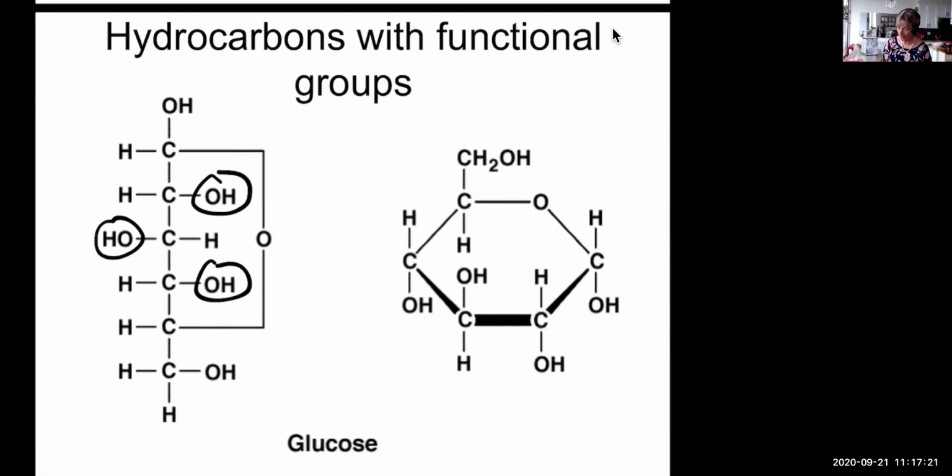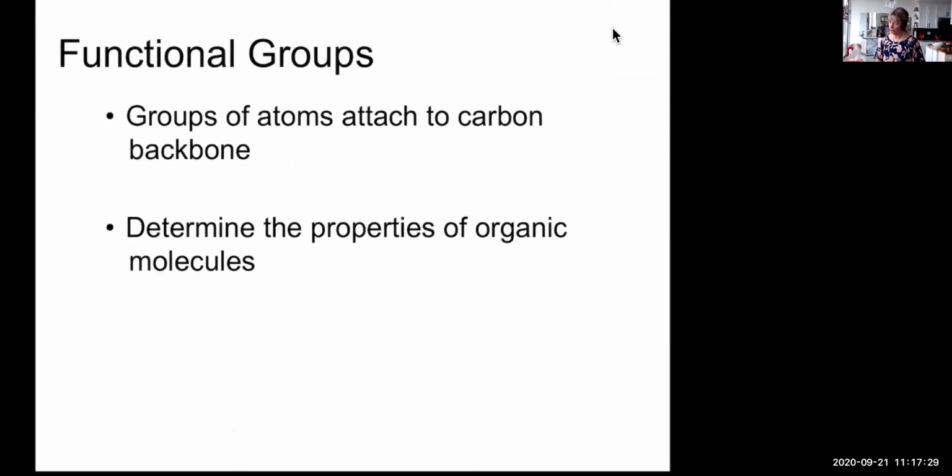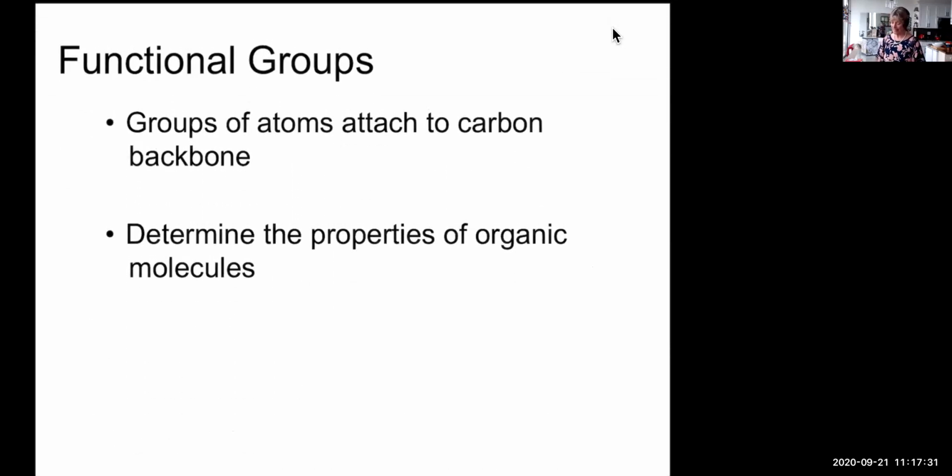So as a result, glucose can be easily hydrolyzed. These functional groups are groups of atoms that are attached to a carbon backbone, and they determine the properties of any of our organic molecules.